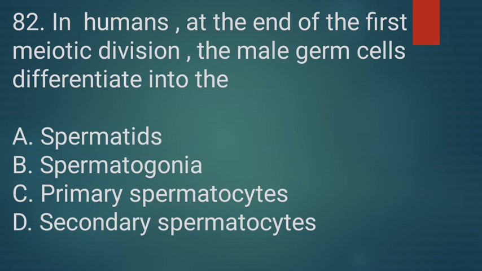Before choosing the right answer here, we have to recall the spermatogenesis. Then we can write the answer. At the end of the first meiotic division, the male germ cells differentiate into secondary spermatocytes. That is option D. So in this question, option D is the right answer.